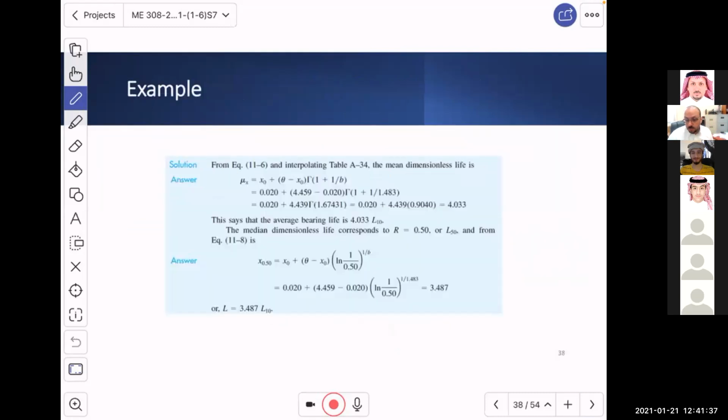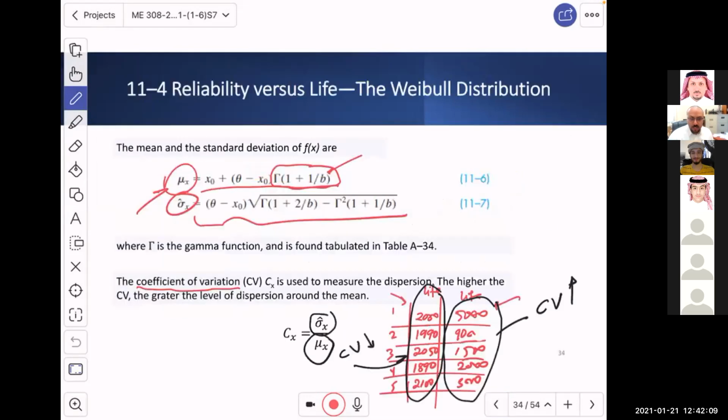Is it better to have a low standard deviation or a high standard deviation? Of course, it is always better to have a low standard deviation in an experiment. We think that when your experiment is repeatable, it means that whenever we repeat it, we always get almost close answers. Just like when I put the table over here.